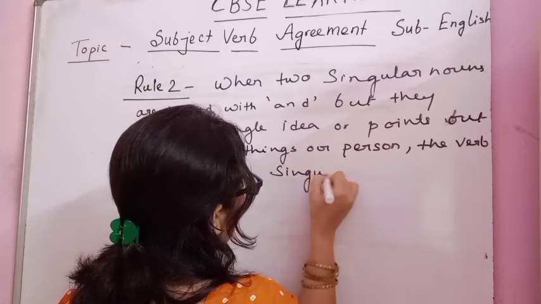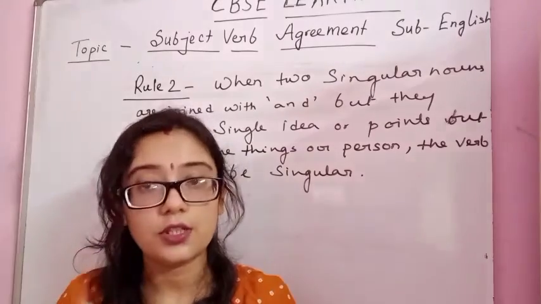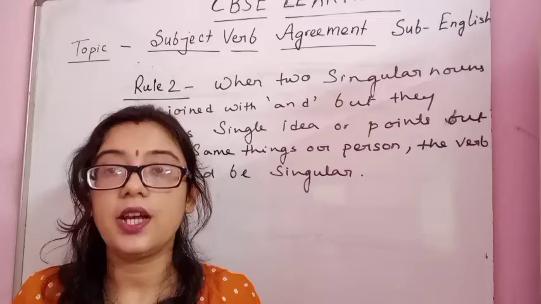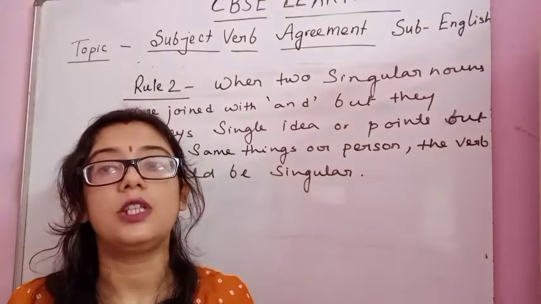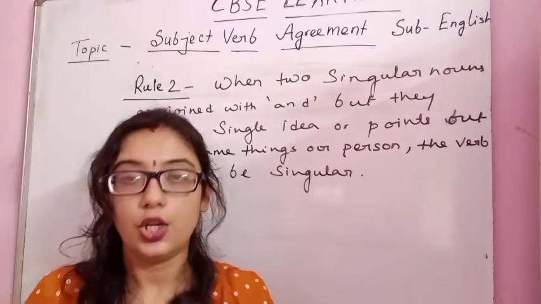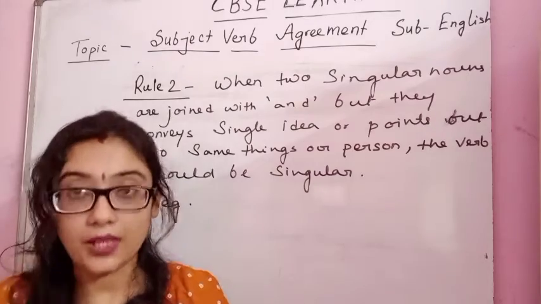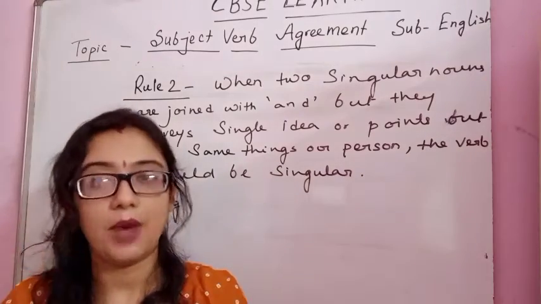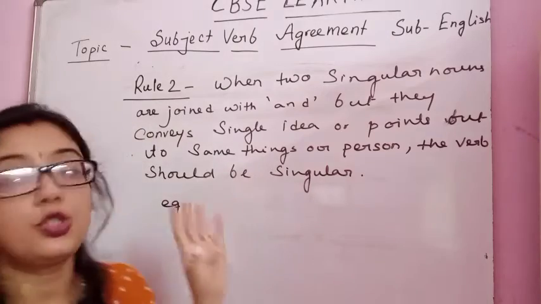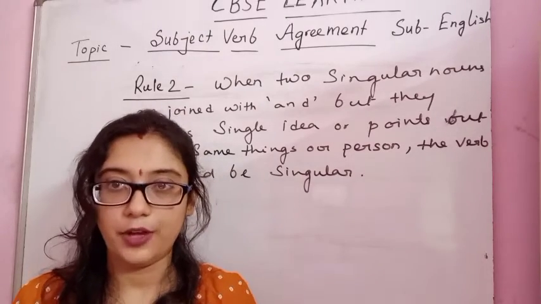In the first rule we used two singular nouns pointing out different persons, so we used the plural form. But in this rule, we join two singular nouns with "and" and both convey the same idea, so the verb should be singular. For example, we say, rice and curry is my favorite dish.